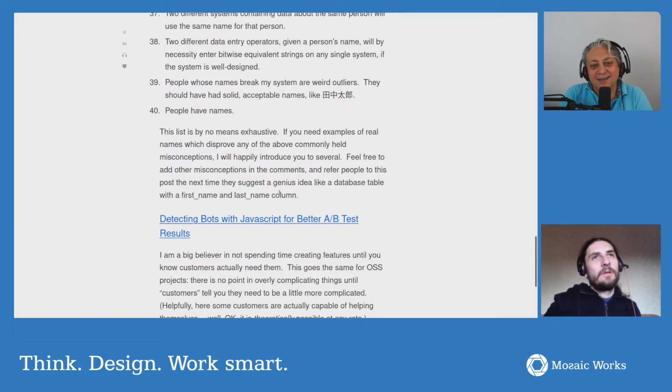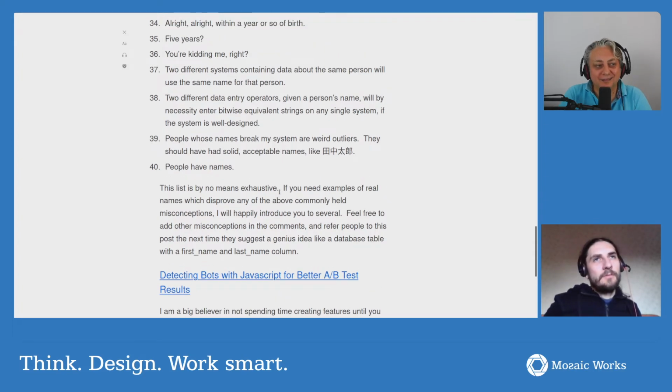Yeah, but then you'd have the issue about what's the first name and last name when there's only one name, and that's something difficult to correct.